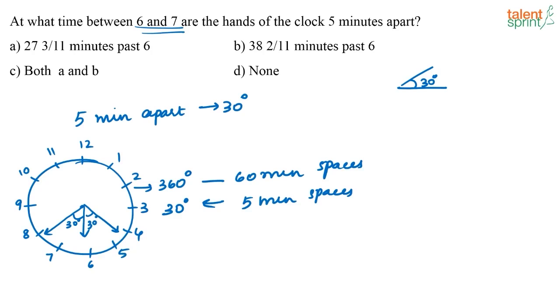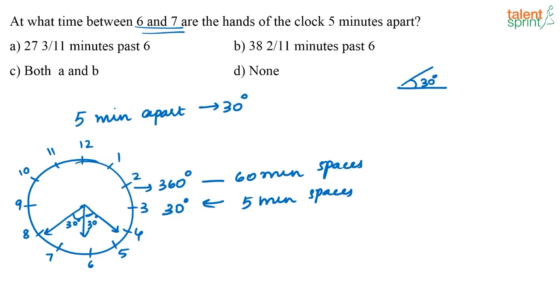You have to find both of these times and check with the options as to which is the correct option. Somewhere around 6:40 the angle between the hands of the clock will be 30 degrees, and similarly, somewhere around 6:25 the angle is going to be 30 degrees.